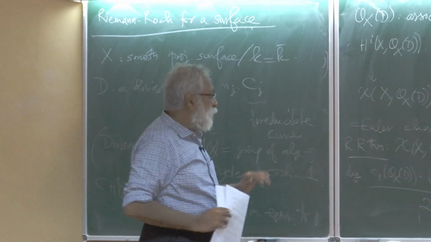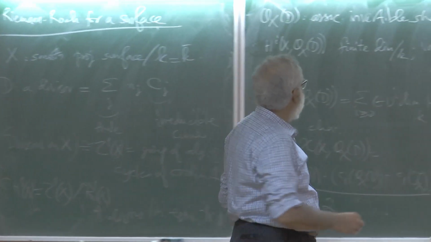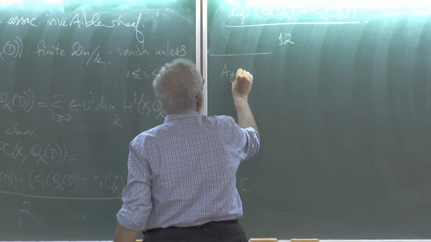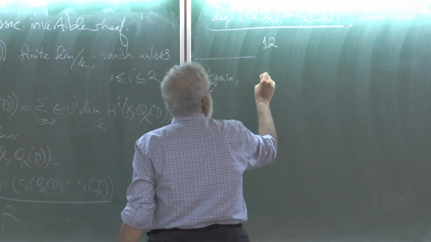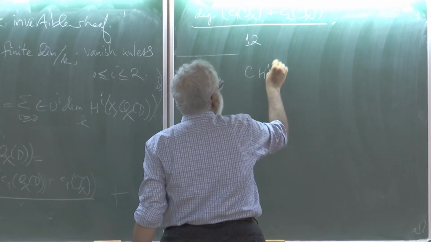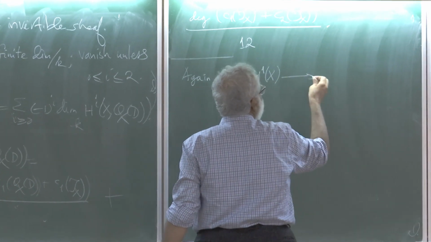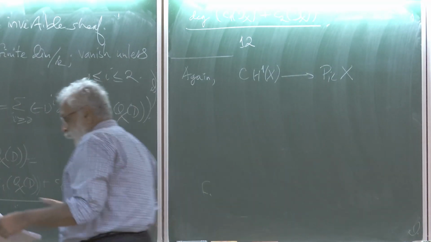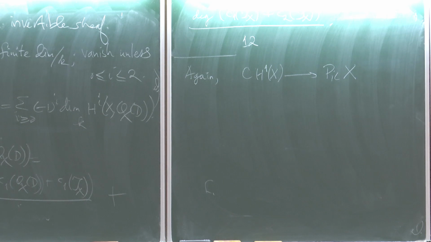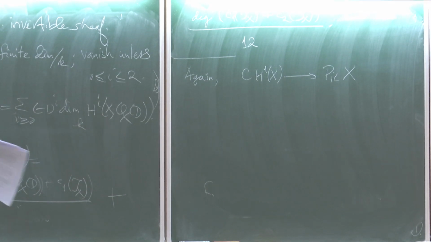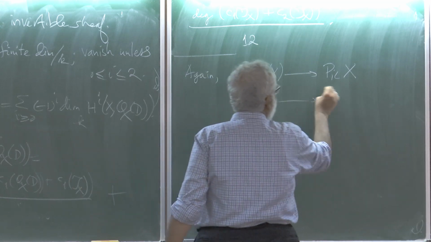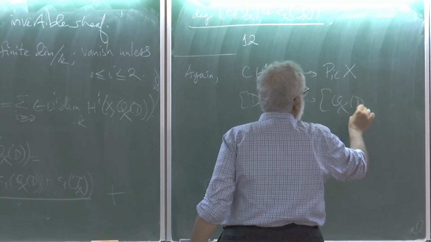So what type of expression is this? First of all, what is this C1? Again, there's Chow^1(X). I can do it like this. This is what I should have done for curves, and as I did in the notes, but trying to do it off the top of my head, I inverted it. There's a natural map going this way, which sends the class of a divisor D to the class of O_X(D).